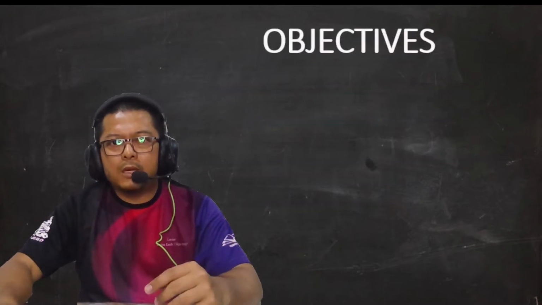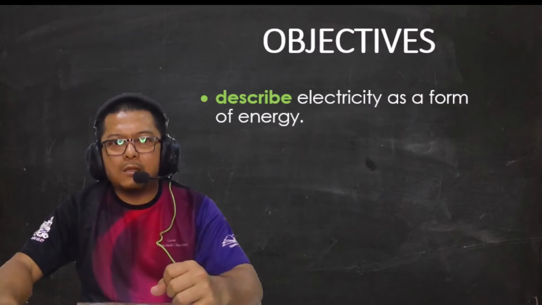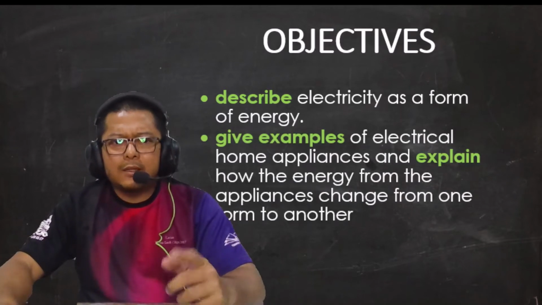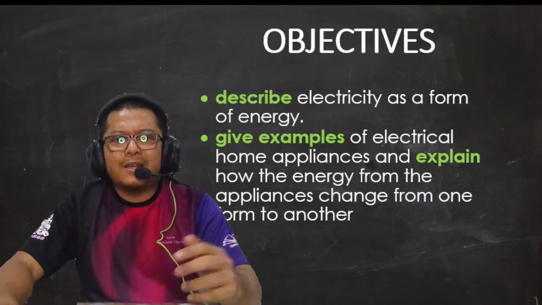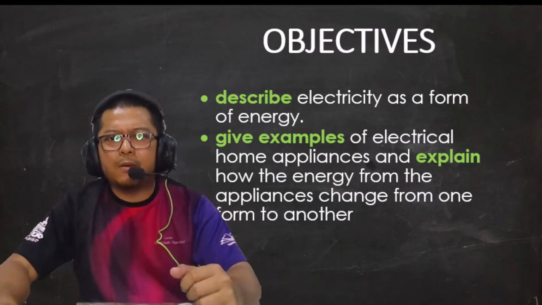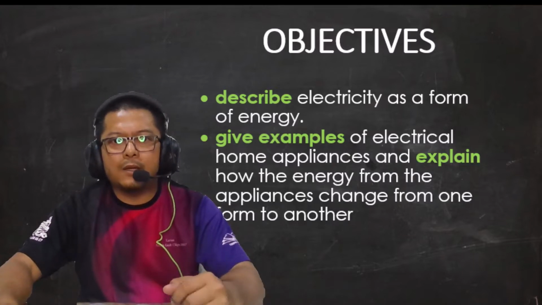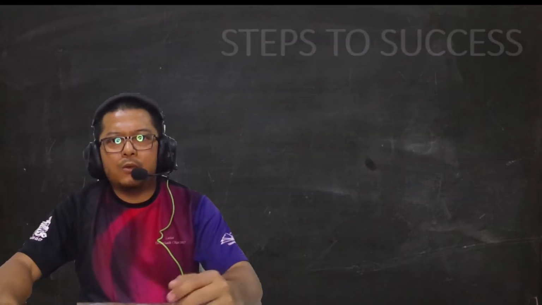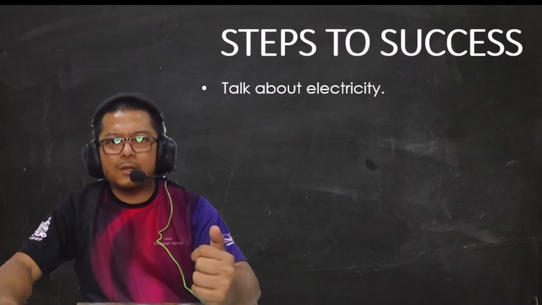So our objective for this week would be to describe electricity as a form of energy, and give examples of electrical home appliances and explain how the energy from the appliances changes from one form to another. So how are we going to do that is we shall talk about electricity.